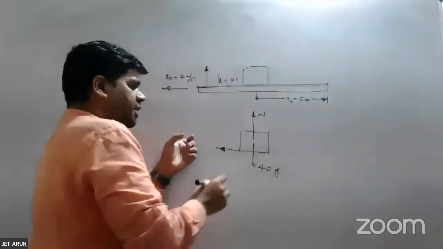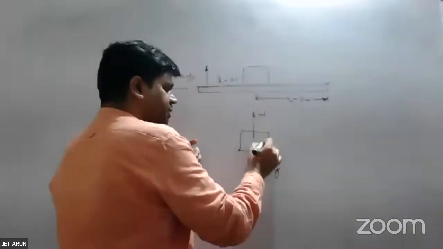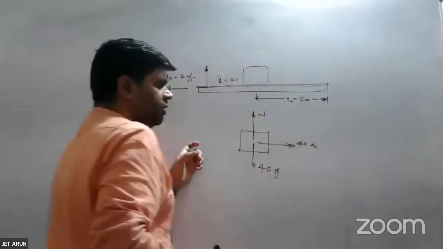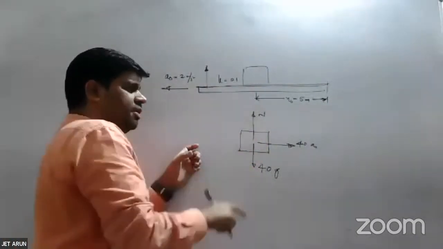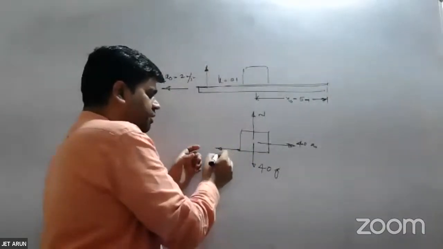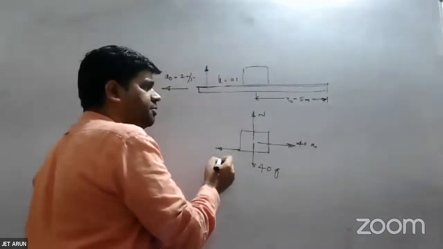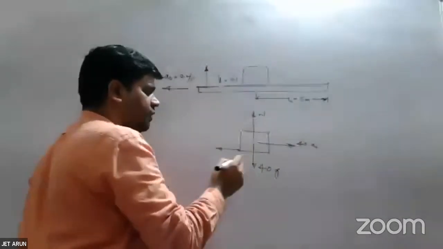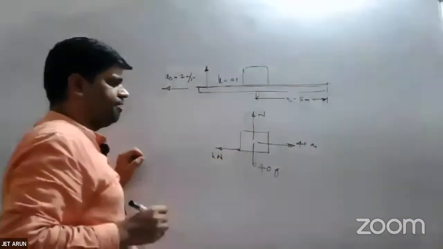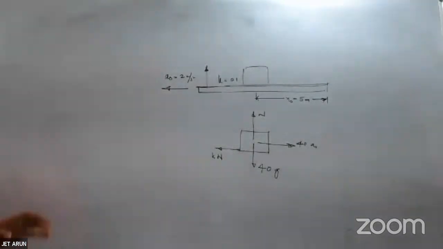Because with respect to this truck, let's talk about pseudo force. With respect to this truck, I've got a pseudo force towards right, which is 40 into a naught. Now, because pseudo force is towards right, the block will tend to move towards right, so friction will be towards left. And friction will be kinetic in nature because the block, he said, is moving, it's going to fall off. So friction will be mu times N. Thus, that completes the FBD of the block.